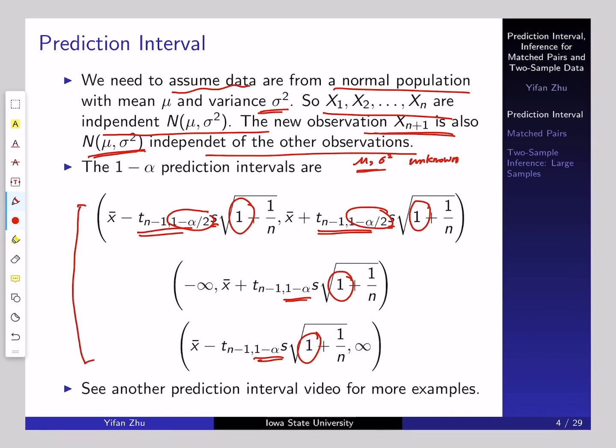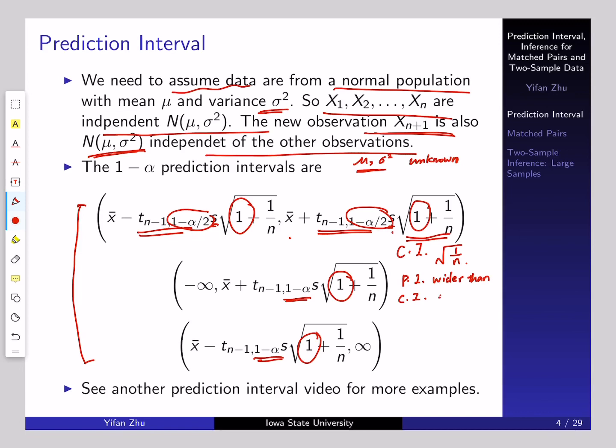In the CI, everything else is the same: x bar plus t with n minus 1 degrees of freedom times s times, in the CI, just the square root of 1 over n, but in the prediction interval we have 1 plus 1 over n. So this means that the PI is wider than the CI.